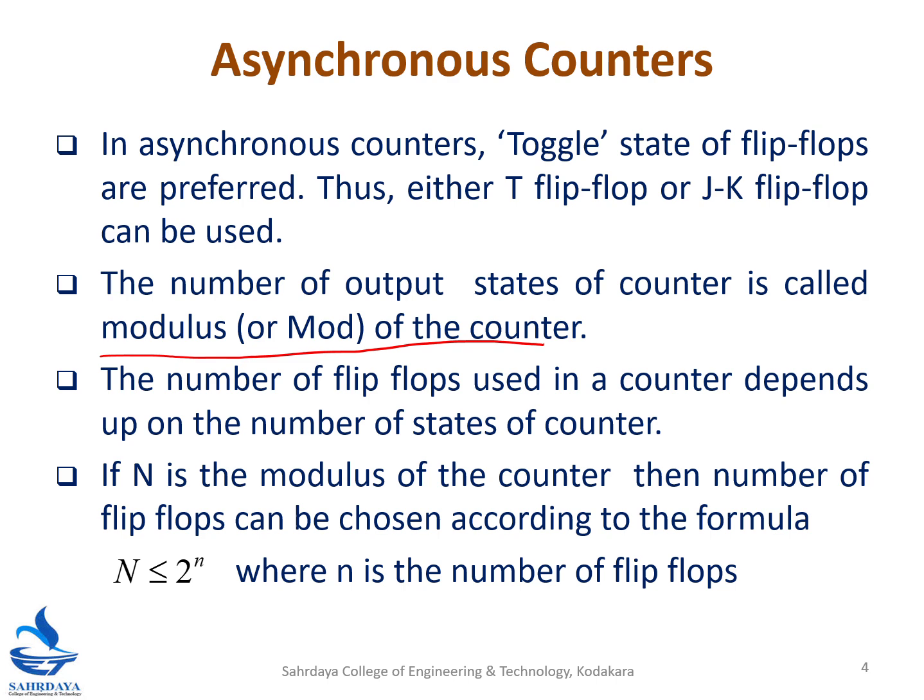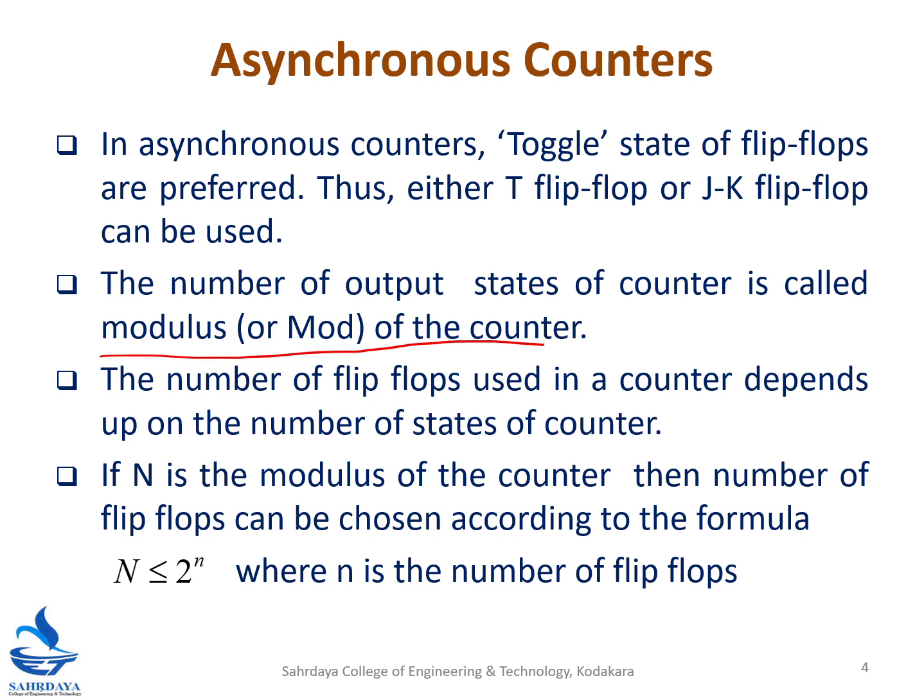If we are considering a 2-bit up counter, there will be 2 bits. That counter can count from 0 to 3, that is 00, 01, 10 and 11. 11 is nothing but 3. So it can count 0, 1, 2 and 3. That means there are 4 different output states.